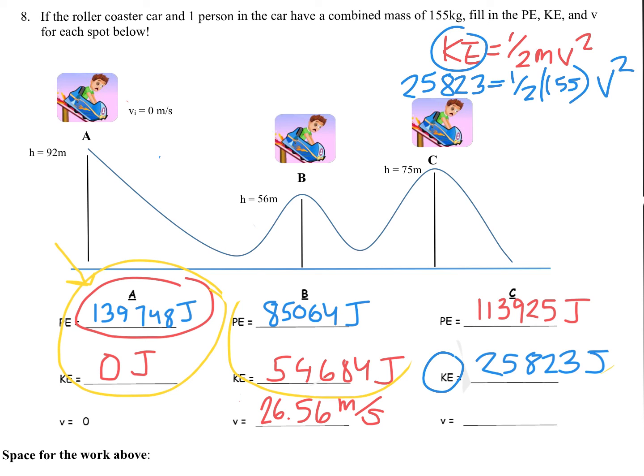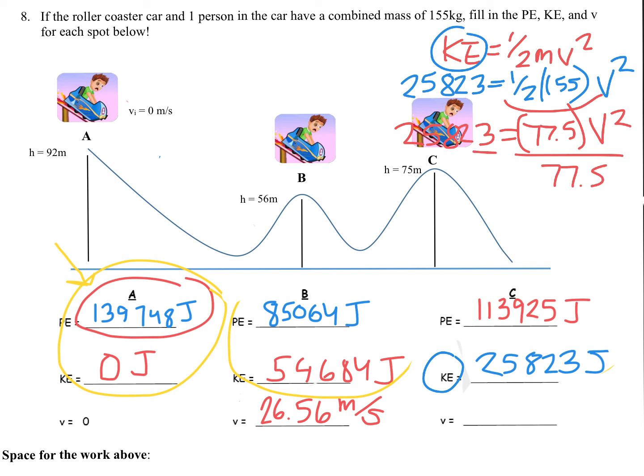Now we're going to combine some like terms. So we're going to do 1/2 times 155, and when we do that, we end up with 77.5 times velocity squared. And don't forget over here, we have the 25,823. Now we are going to divide both sides by 77.5.